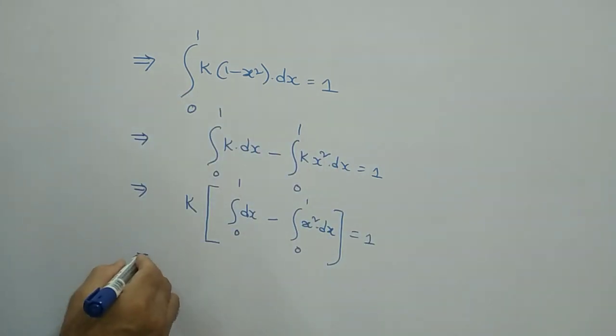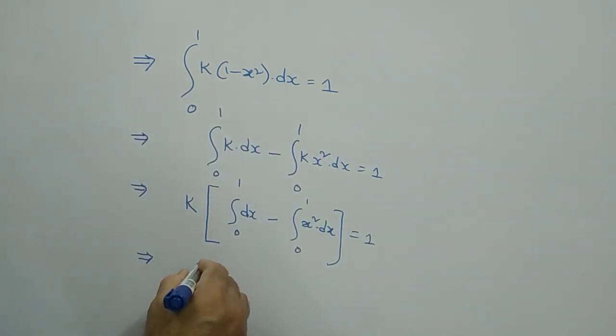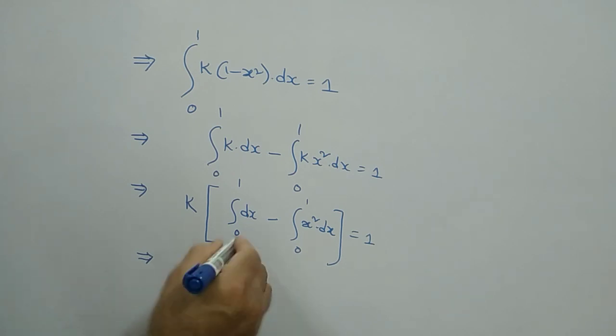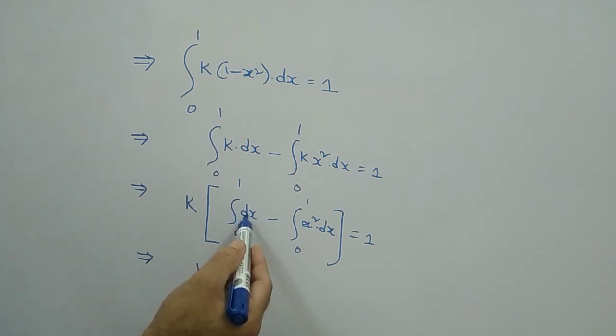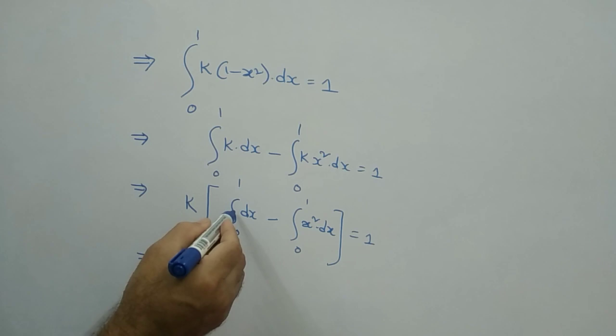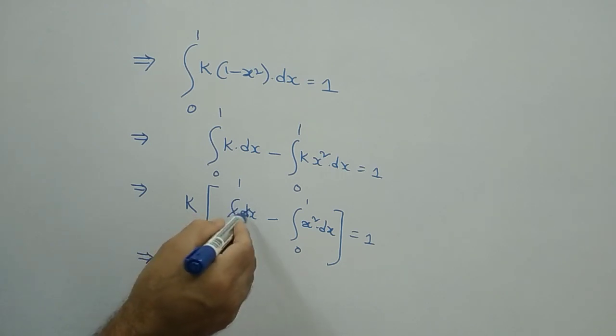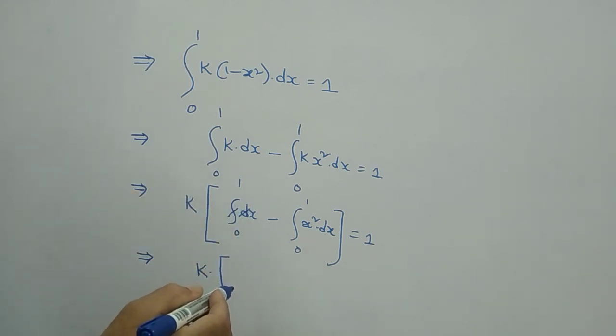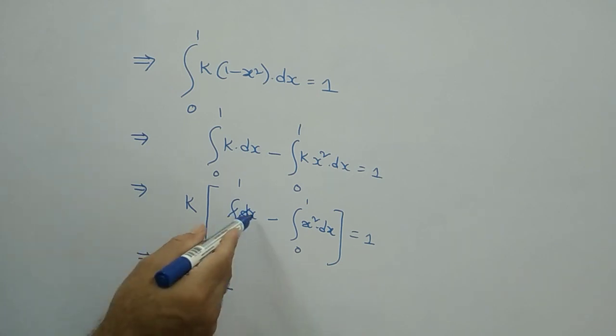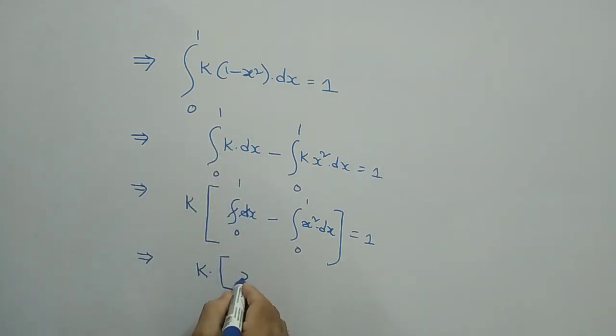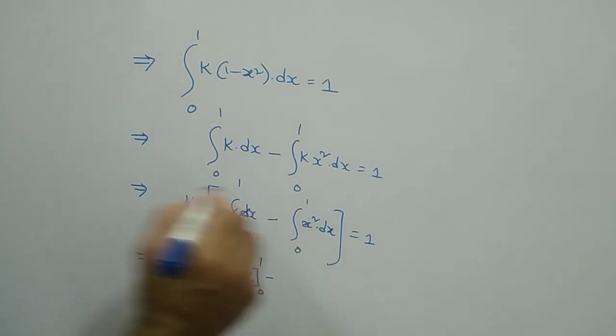Then this implies k times the bracket. The integral and derivative are opposite to each other, so they cancel out, and what remains is x. For this x you need to apply the lower limit and upper limit, minus the integral of x square.